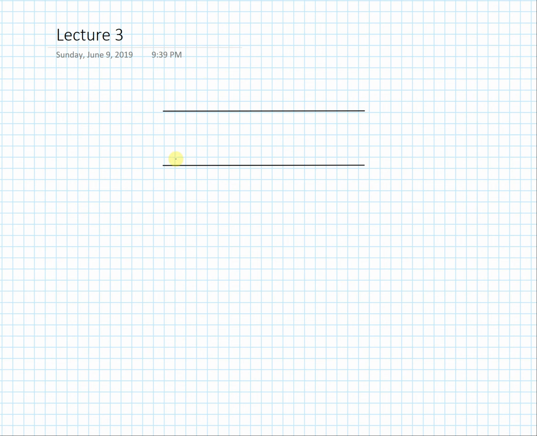So with this new beam, I am given a pin connection at this position here. So pin connection. And I have a roller here.